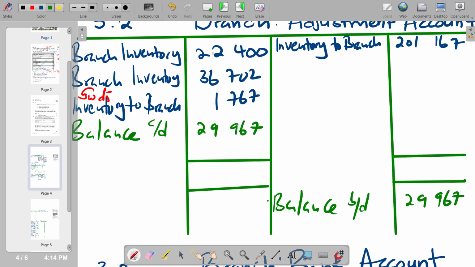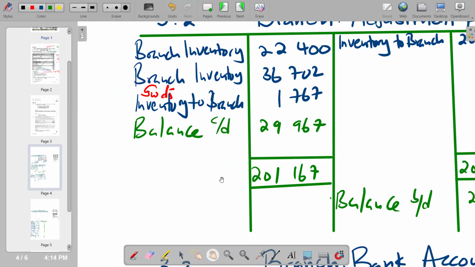If you add the total of the debit and the credit, you see that the greater total is on the credit side, 201,167, and it is also supposed to come on the debit side as the greater total. The smaller total is on the debit side, where we are going to have the balancing figure, which is supposed to be transferred to the branch profit or loss.